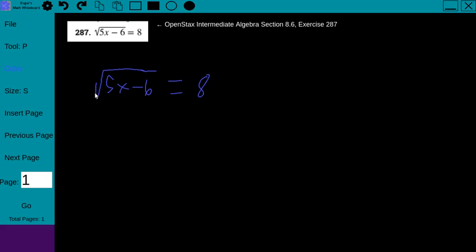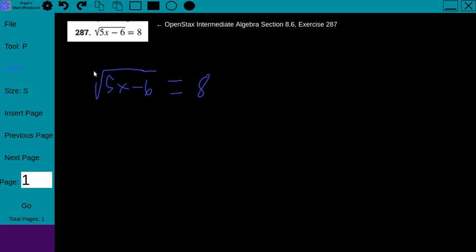And the way to do that, generally speaking, is to square both sides of the equation, or cube it. If this was a cube root, we would cube both sides, but it's not. So we just have to square both sides because this is a square root. That will essentially undo this radical for us and leave us with just the stuff that's underneath it.